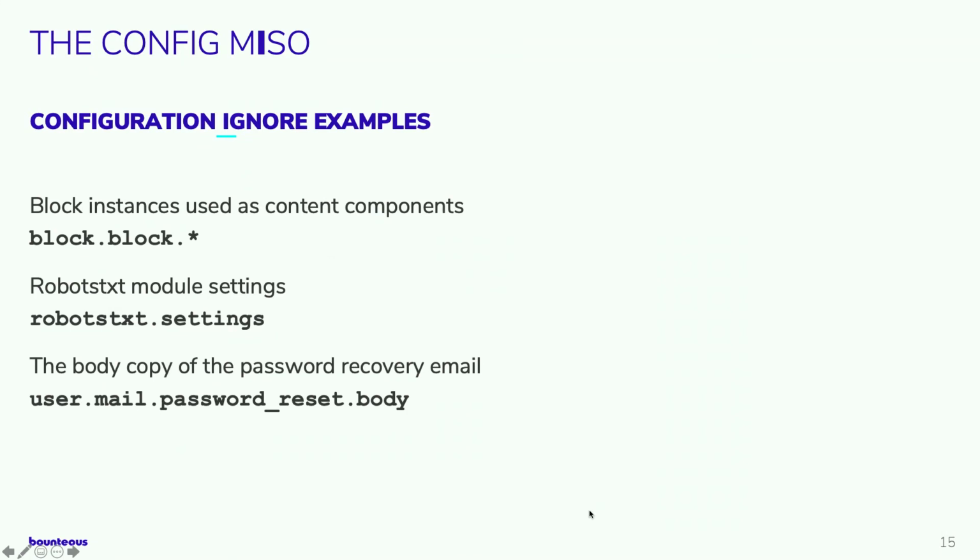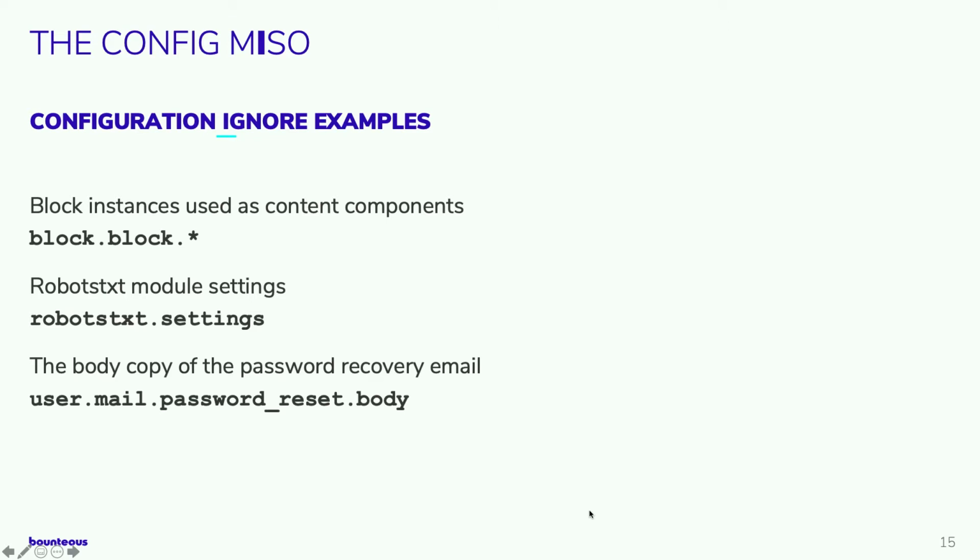So some examples here. If you use blocks for content a lot, you might want to put block.block.* in your config ignore. That way blocks just live on their own. They become almost Drupal 7-y in that they don't get changed during configuration import.